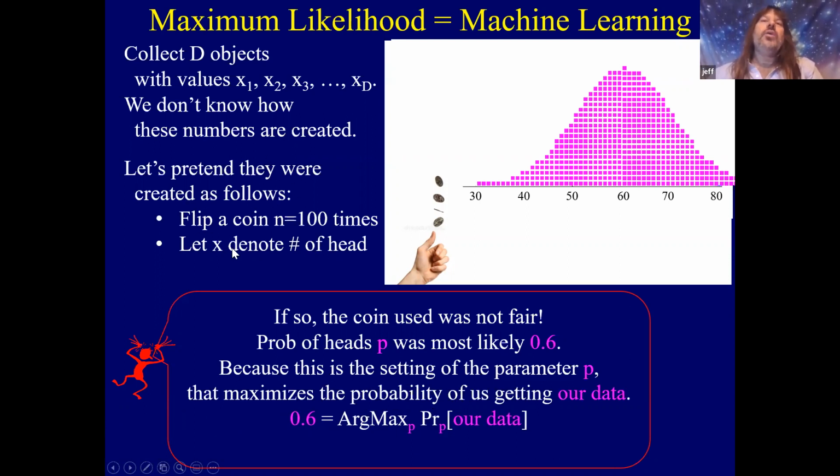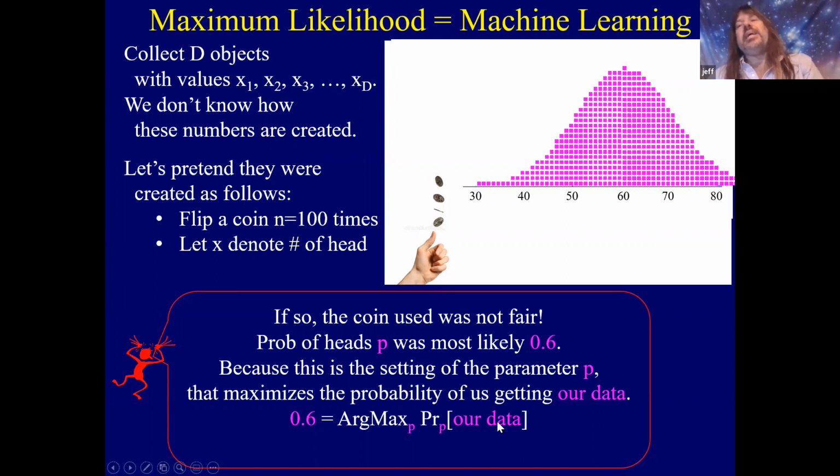Suppose that our distribution was this normal distribution from coin flips with some parameter p that we don't know. p is the probability it comes up heads. So suppose we're in the world in which the coins come up heads with probability p.